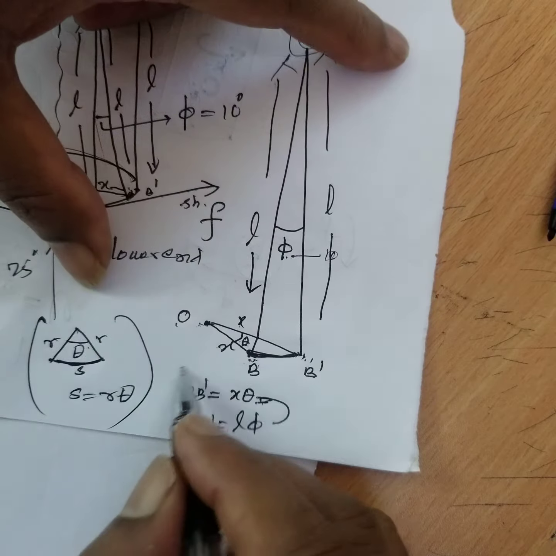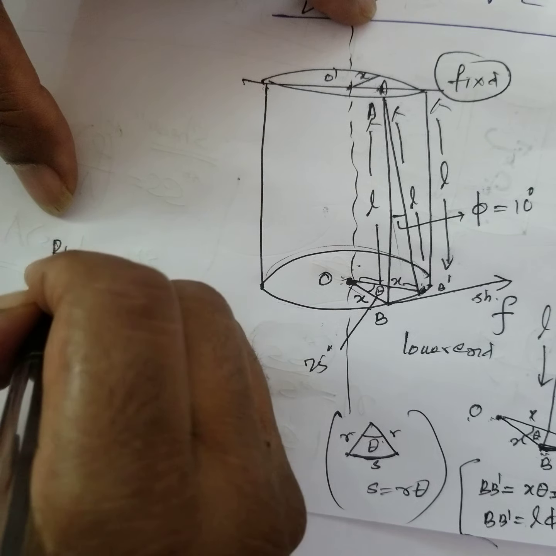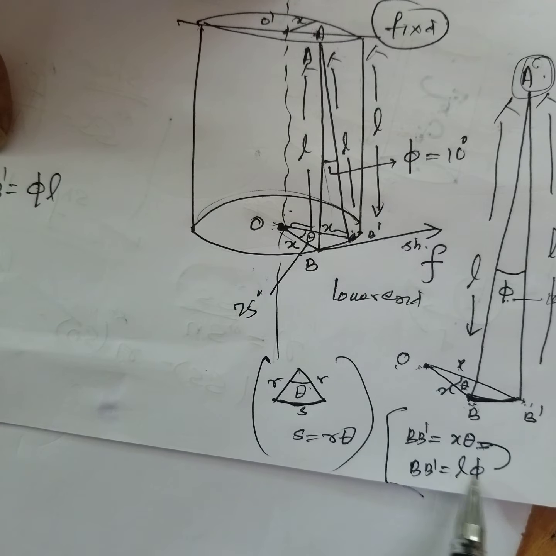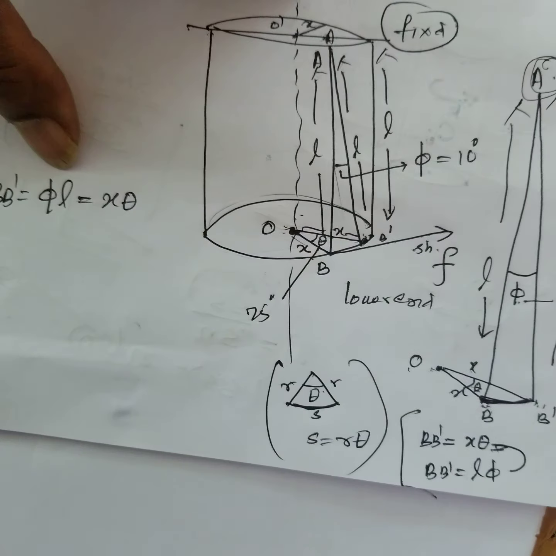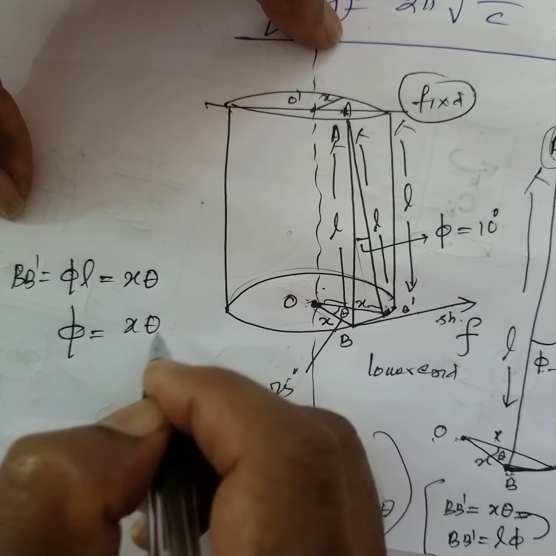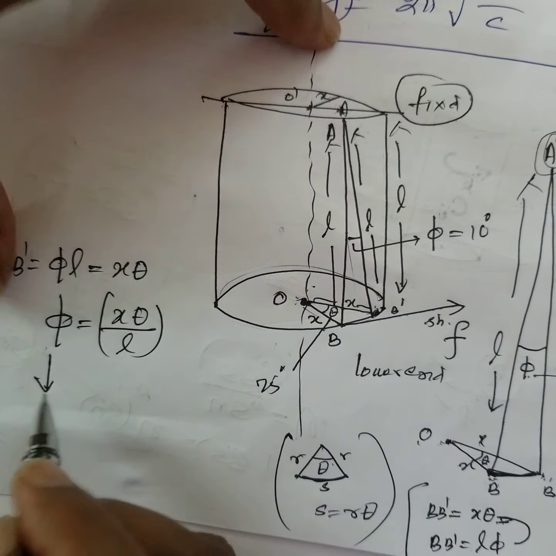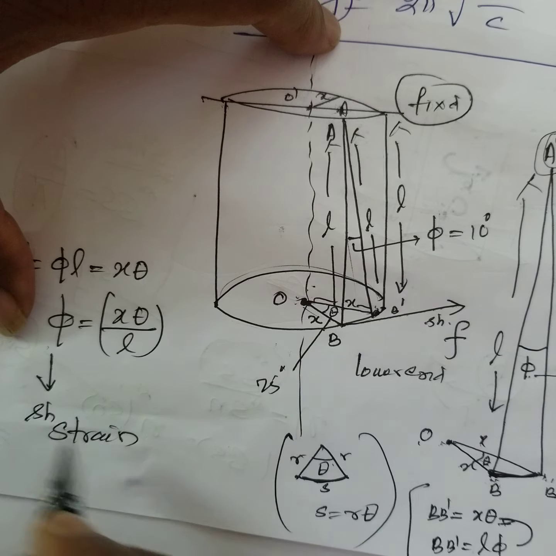Equate both. What do you get? B dash is equal to phi L, which is equal to X theta. Then phi is equal to X theta by L. Phi is a measure of shearing strain.